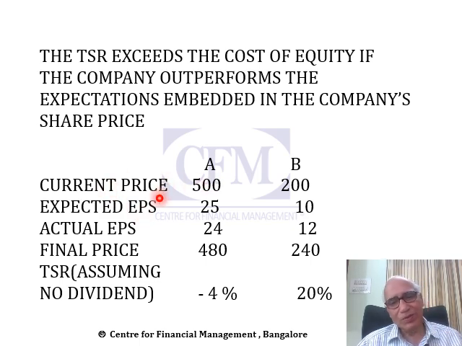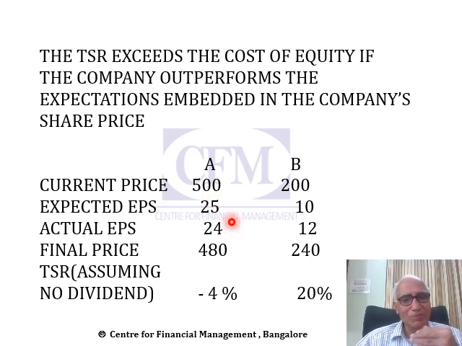The actual EPS after a year turns out to be 24 for A and 12 for B. In the case of A, investors are disappointed. They realize that they had expected EPS to be 25, but the actual EPS turns out to be 24. So they believe that the future of the company is somewhat bleaker than what they had originally expected.